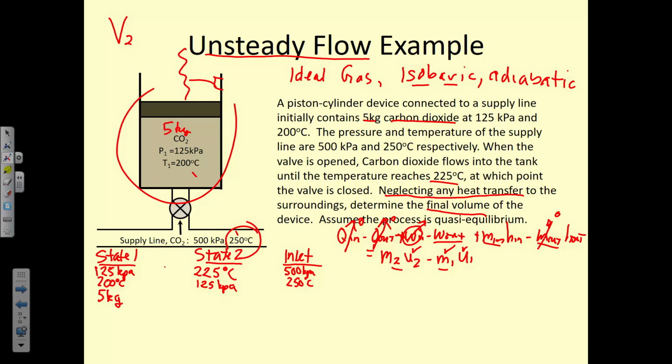Right now we don't know m2. Do we know how much mass goes in? No, but do we know the enthalpy of what's going in? We could calculate it using c sub p times T. And then, do we know the boundary work? We don't know it because it's dependent on what?